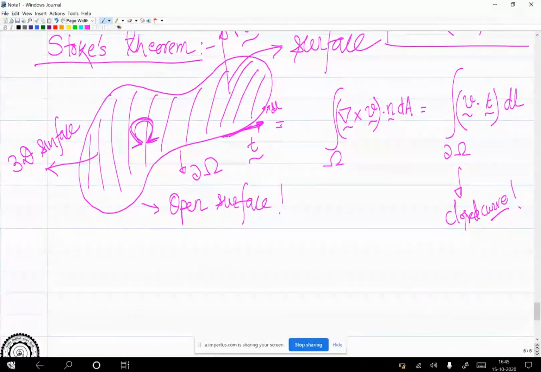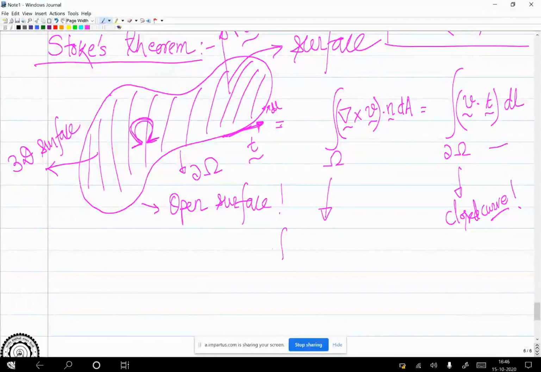You think of another surface which is just above this surface, but bounded by the same curve. You can think of so many surfaces which share the same boundary del omega. So what this theorem tells me is that the right hand side is always the same, but the left hand side is changing because the surface is changing. But the theorem says it does not depend on the surface.